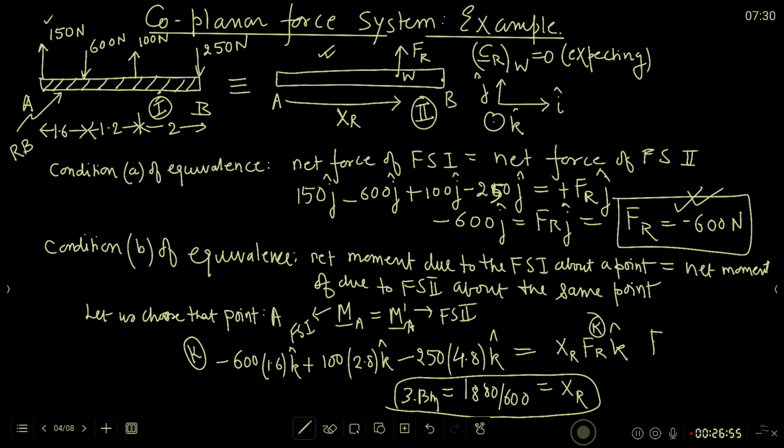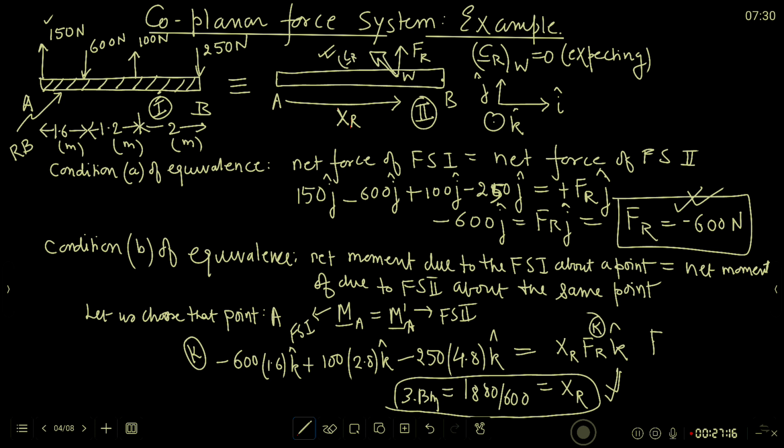All the dimensions that I showed on this figure, they were indeed in meters. So we have been able to find xr. So there is no need to have any CRW placed here.